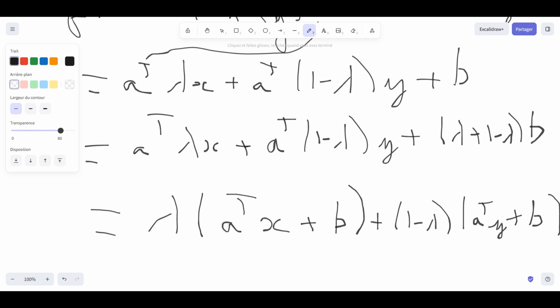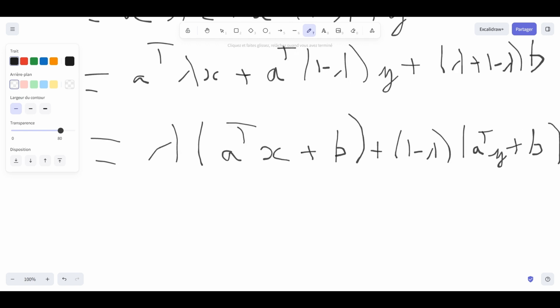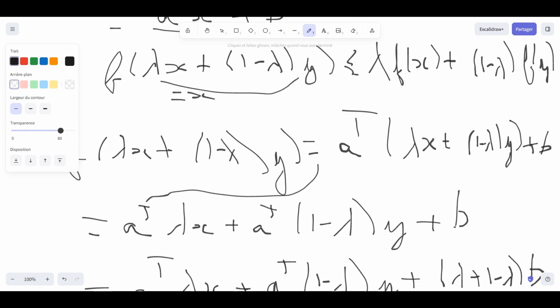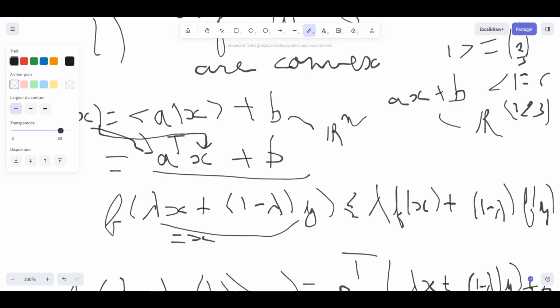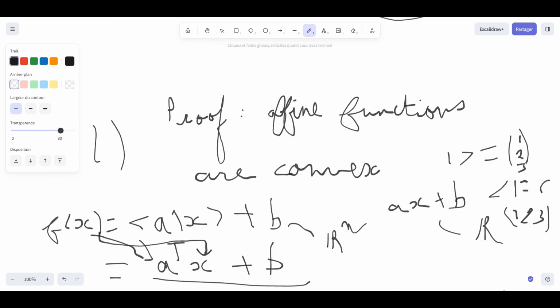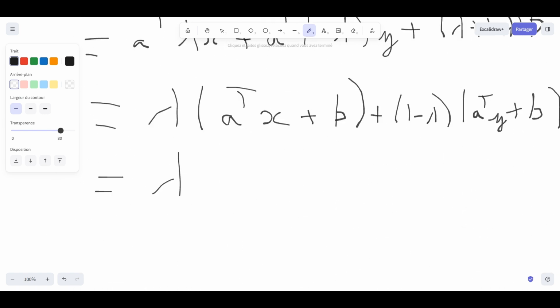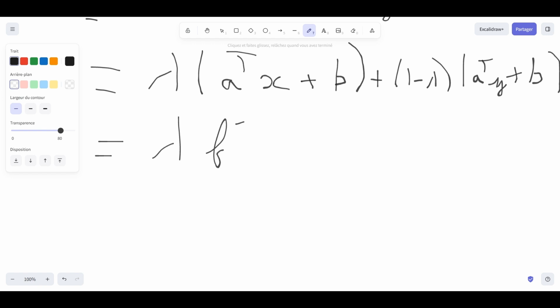And so you just have this: lambda b comes here and minus lambda b comes here, and so we have perfect equality. We had a dagger x plus b, which is the definition of f of x, and so it's lambda f of x plus 1 minus lambda f of y.